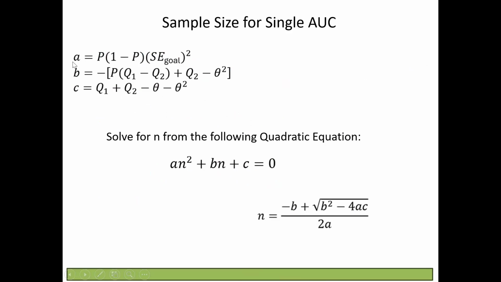So we just calculate A, B and C, where P is the prevalence of positive cases or disease, and SE goal is our goal of standard error. So we just need to calculate the n from this quadratic equation where n is equal to this.